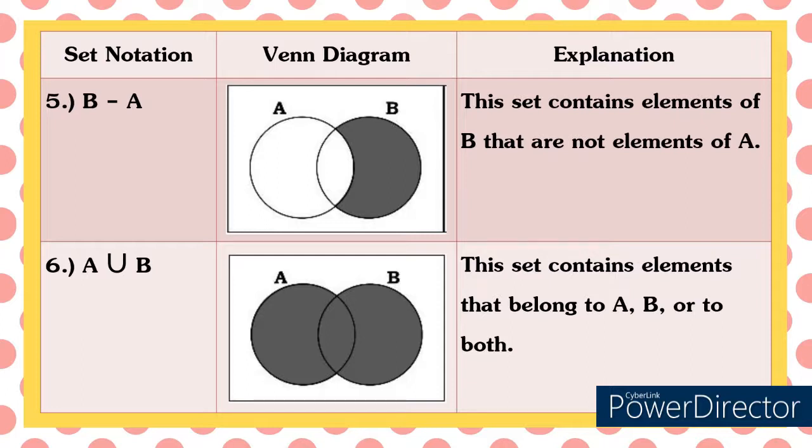So, how about number 6? A union B. This contains elements that belong to A, B, or to both sets.